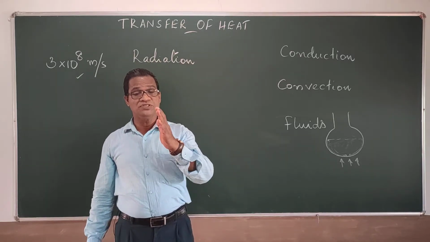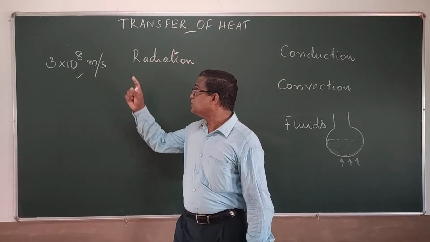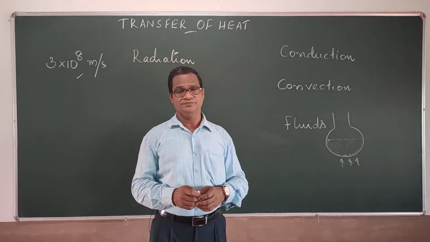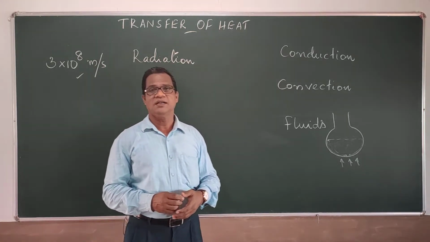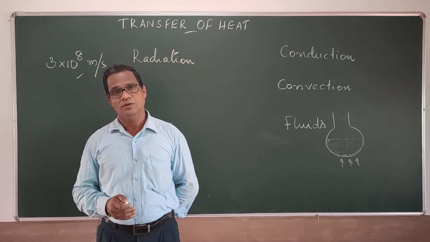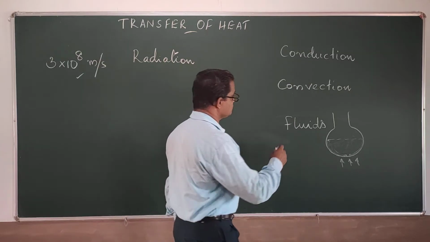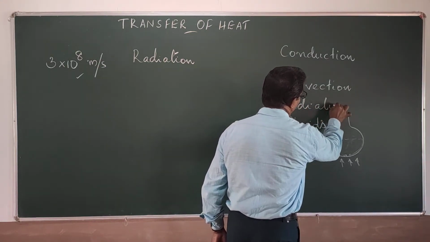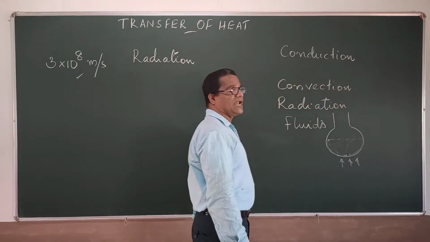Any energy form which can travel through vacuum with this speed, we call radiation. So we can say that heat can be a radiation. So that is the third type of process of transfer, we call it radiation. Radiation transfer.